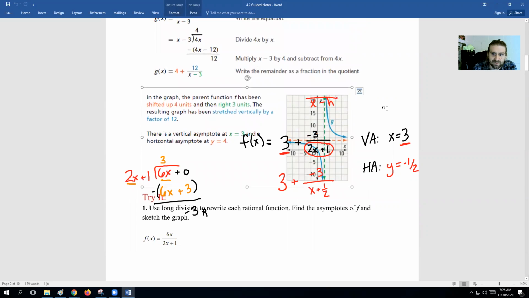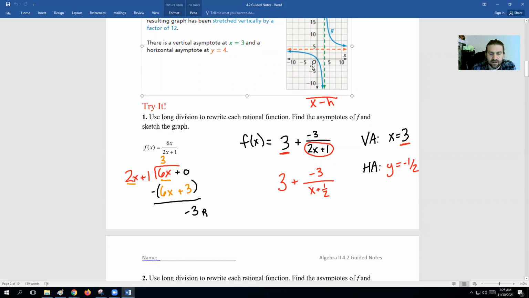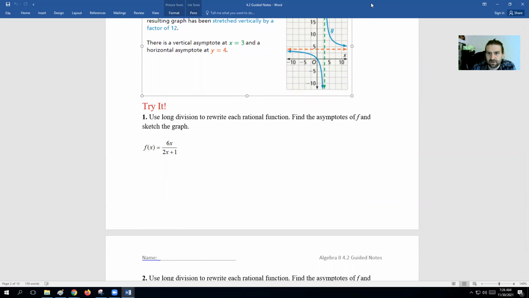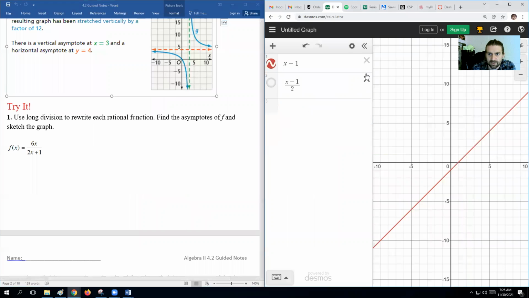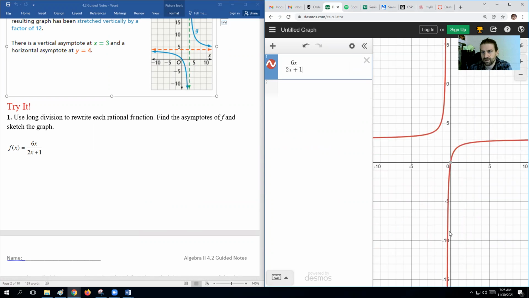Okay, let's see if we actually did that right by checking out Desmos. So we're going to type the equation in: 6x divided by 2x plus 1. Okay, if we look here, we guessed that we had a horizontal asymptote at y equals 3.